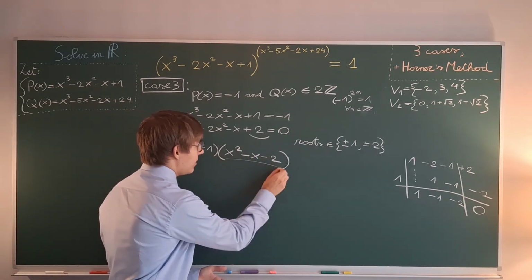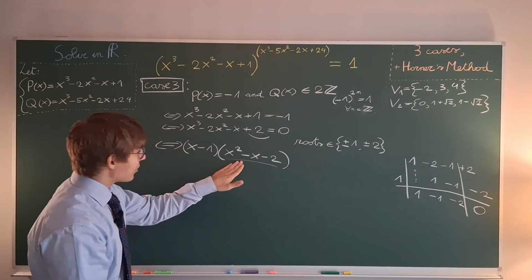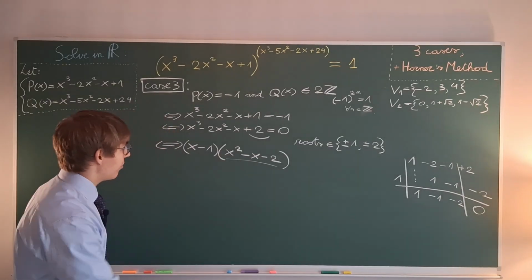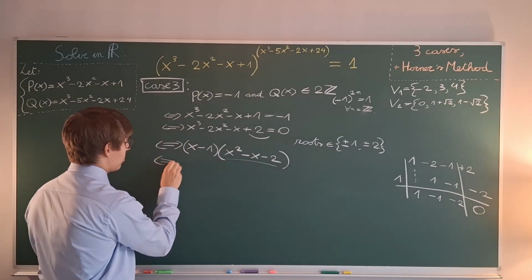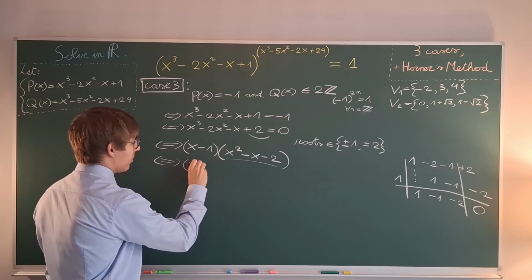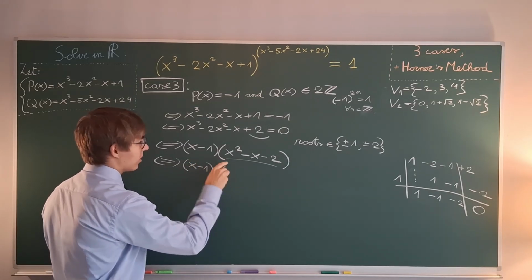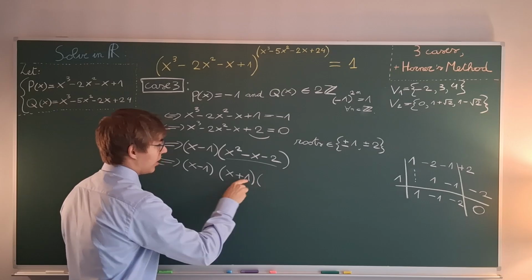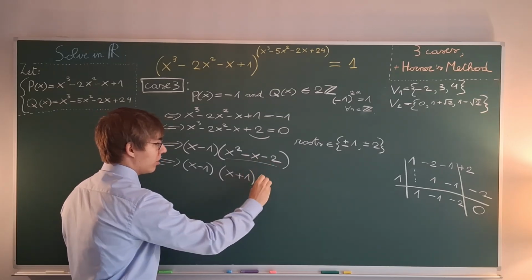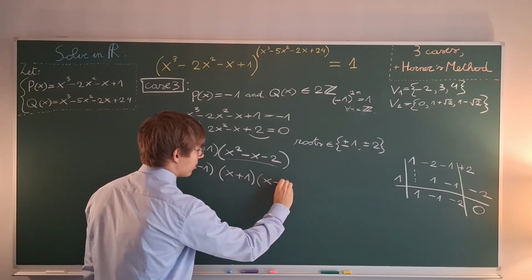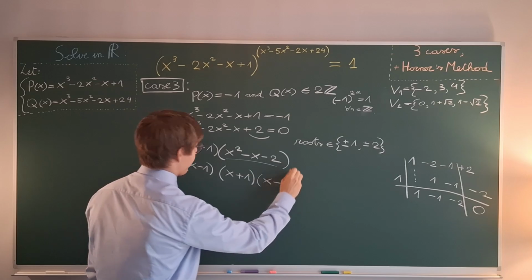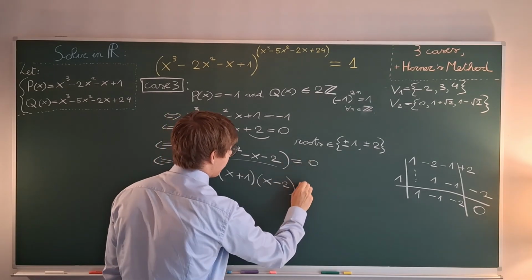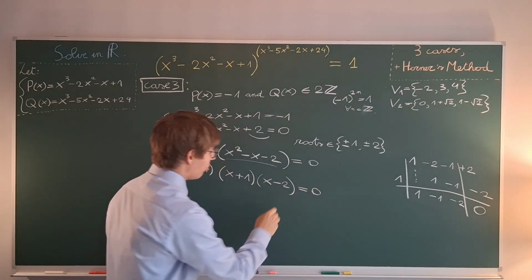And now this is easy to factor since I can see that minus 1 gives 0 in this factor. So this is just x minus 1 times x plus 1 times, I have to obtain minus 2, so this is x minus 2. And any of them has to be 0.